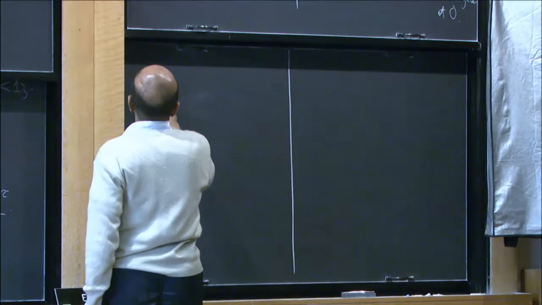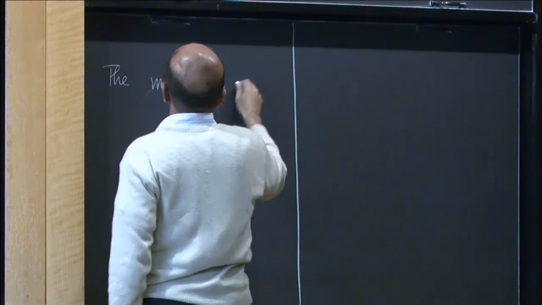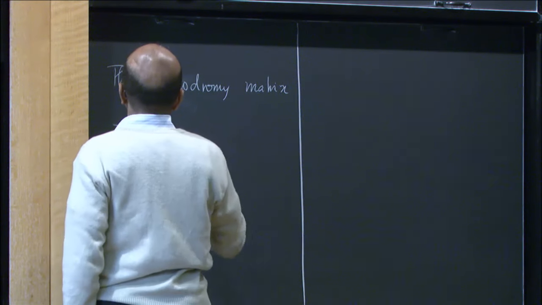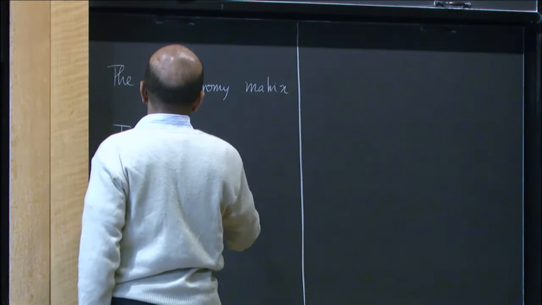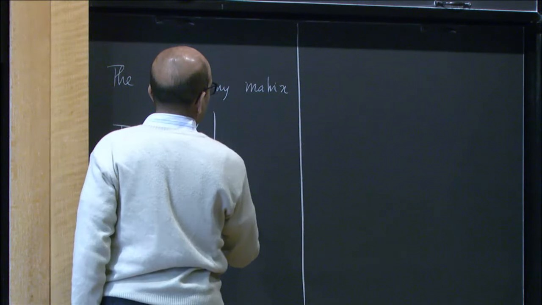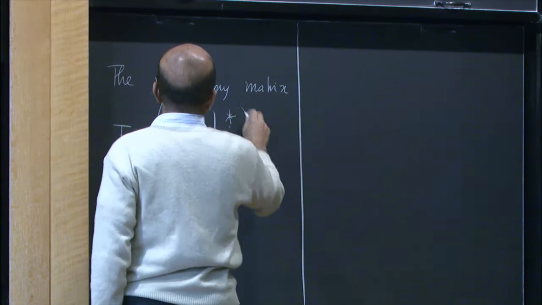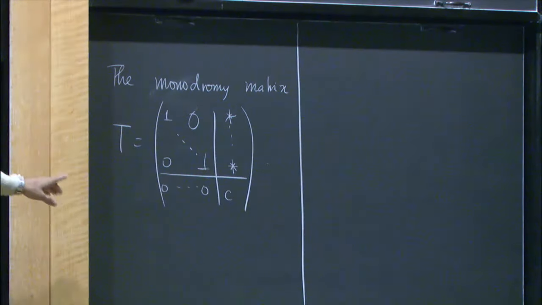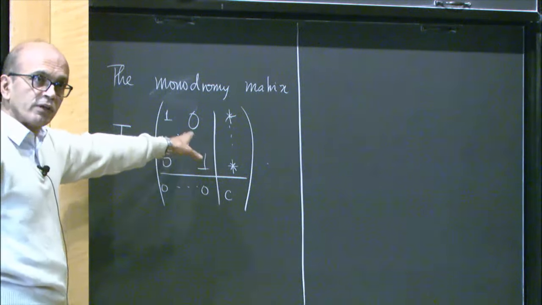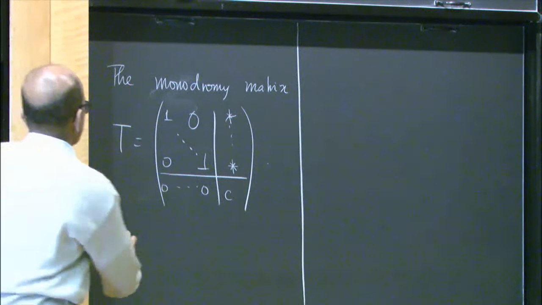So the monodromy matrix T is of this form. The last one looks like that. So this matrix has the property that it is the identity on a codimension 1 subspace. So such a thing is called a complex reflection.